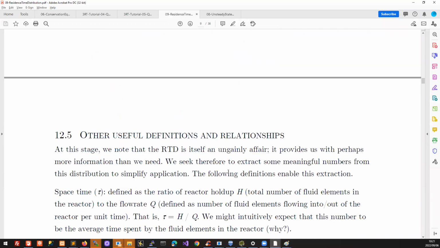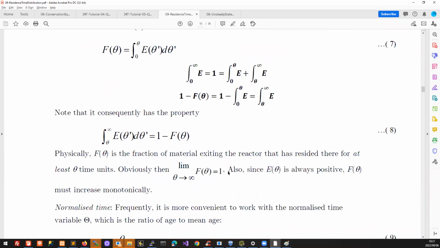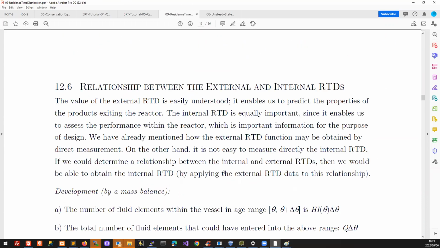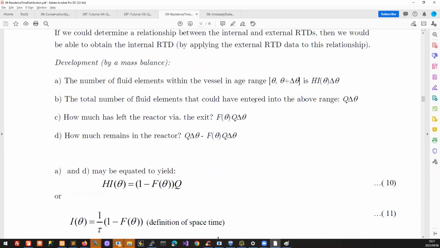That's what we are saying here. We are saying that in the reactor, in that age range, that is the volume of fluid elements there.